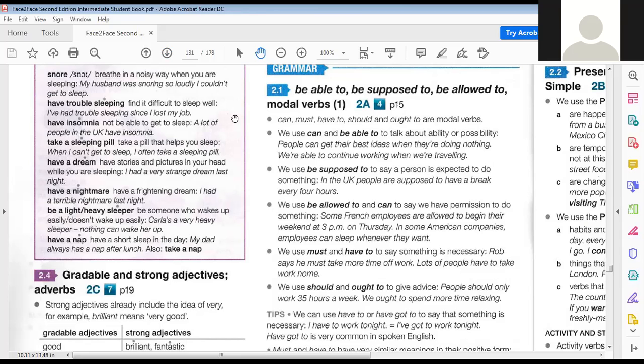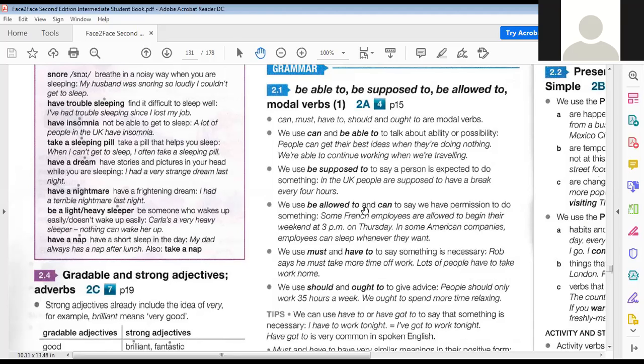All of these are modal verbs, okay? So if you want to talk about ability or possibility, you can use can and be able to. To be supposed to is for an expectation. It's to show that something is expected from a person. Parents are supposed to take care of their children.